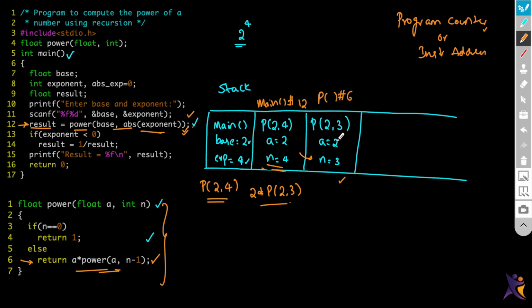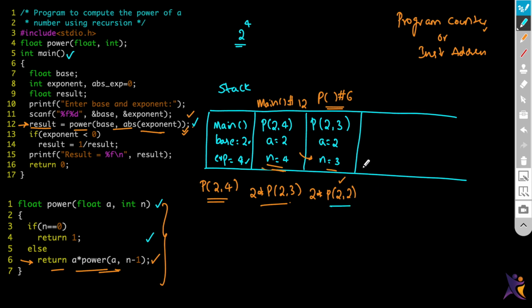So after executing P of 2 comma 3, the control should go back to line number 6 of the calling function. Now we have the program counter also. In this function we have n is equal to 3. Since n is not equal to 0, the control goes to the else part, and there we have 2 into power of 2 comma 2.